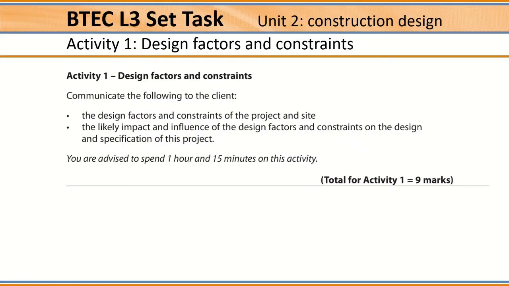Activity 1. Design factors and constraints. Communicate the following to the client: the design factors and constraints of the project and site, the likely impact and influence of the design factors and constraints on the design and specification of the project. To be able to answer this question, first you need to understand what design factors and constraints are.